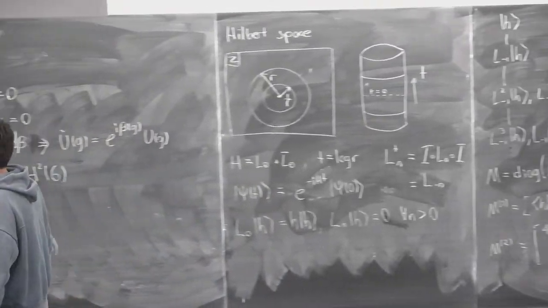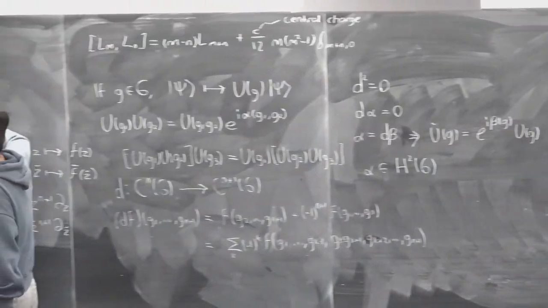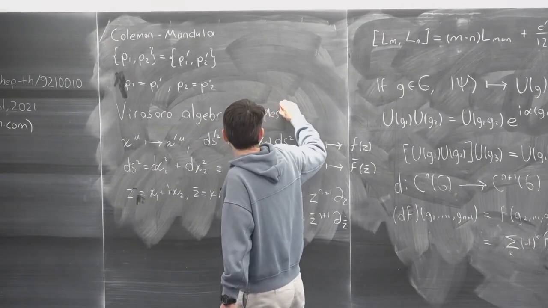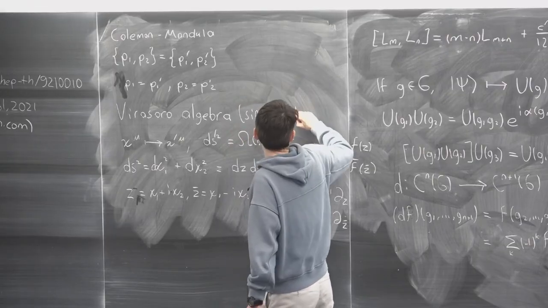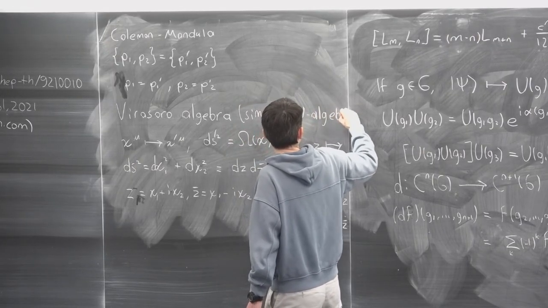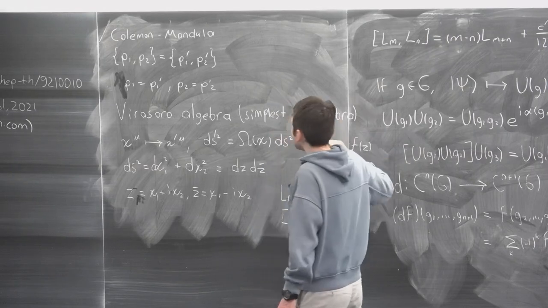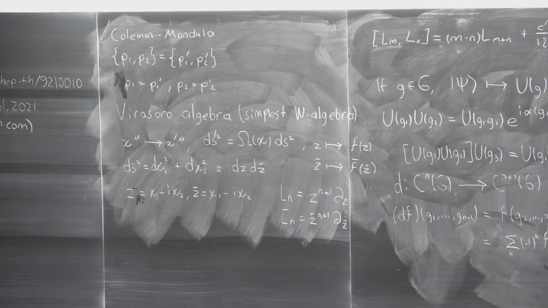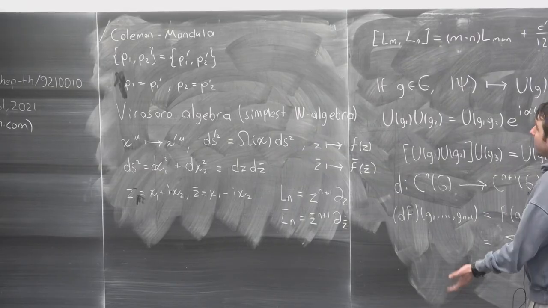And the Virasoro algebra can be seen as a trivial example of a W-algebra. To get non-trivial examples, you have to consider its universal enveloping algebra.